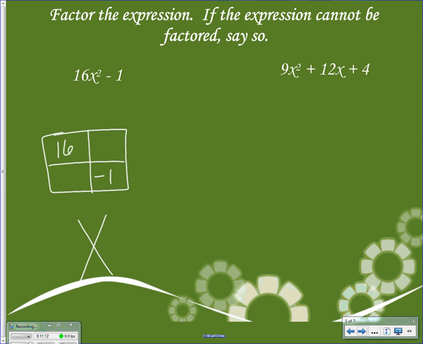Make an X. I need to add to be 0. I don't have a B term, so that's 0. 1 times 16, negative 1 times 16 is negative 16. So I want to multiply to be negative 16 and add to be 0. So it'll be negative 4 and 4. Negative 4x and positive 4x. So now we're going to factor again.